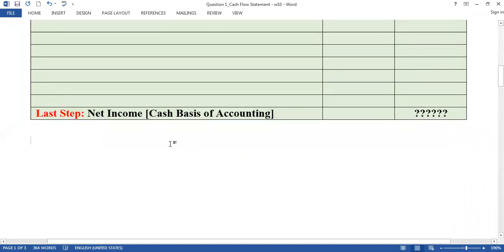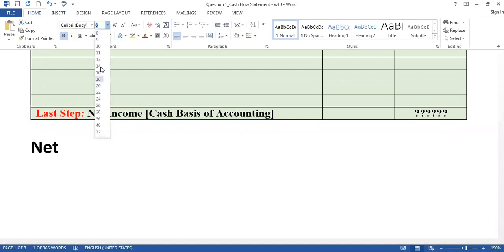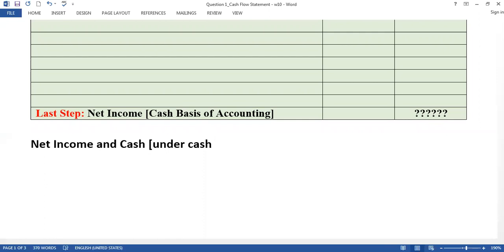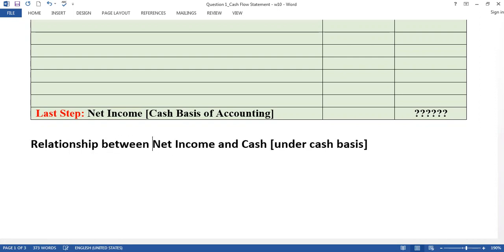Now, what is the relationship between net income and cash under cash basis of accounting?